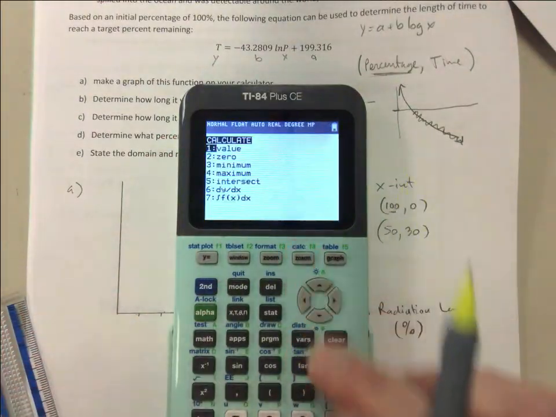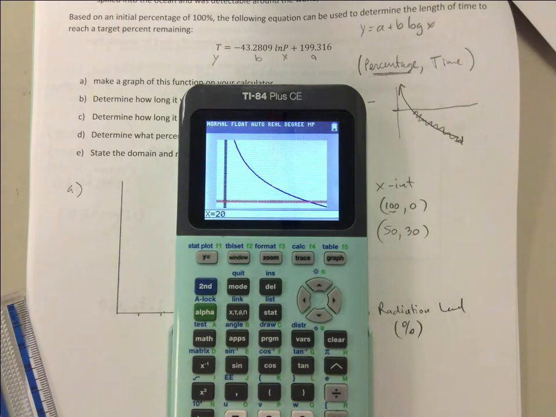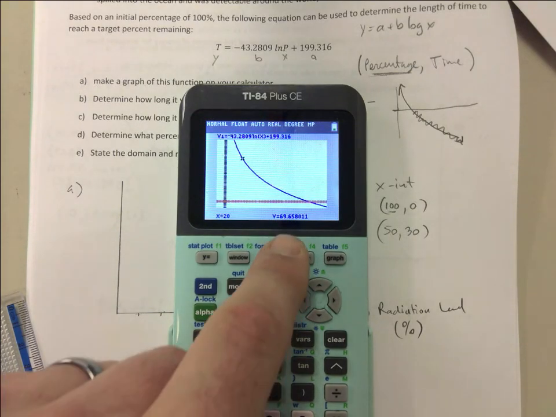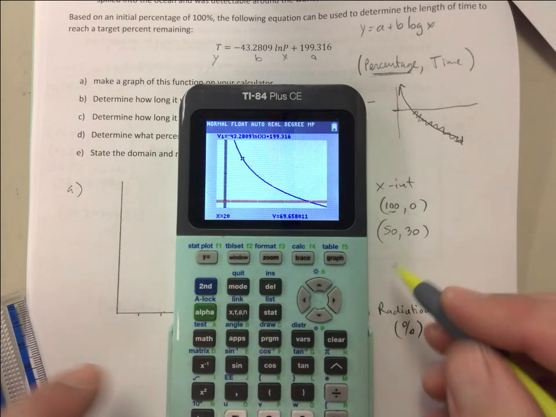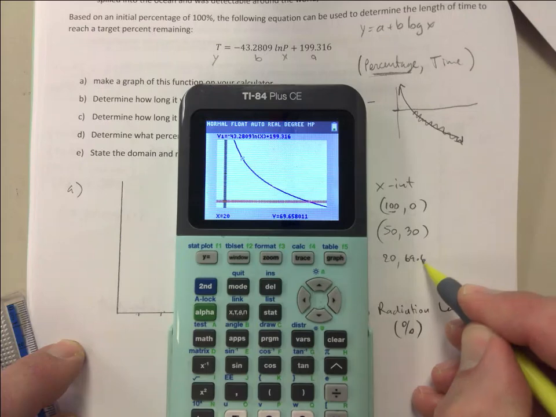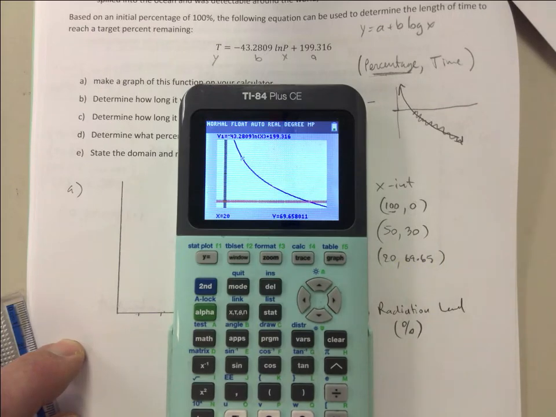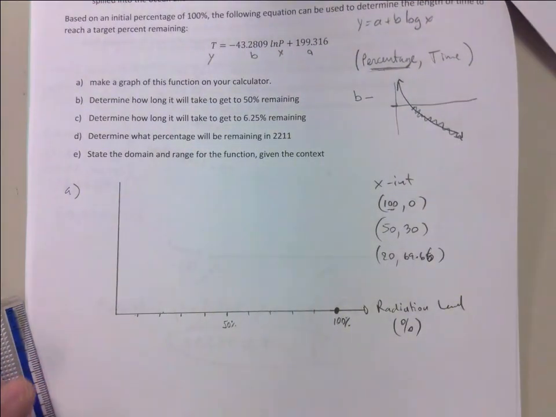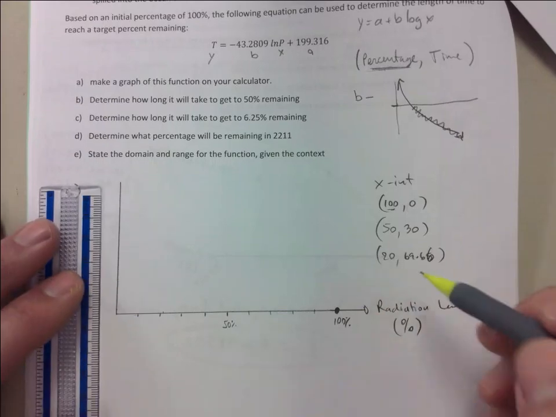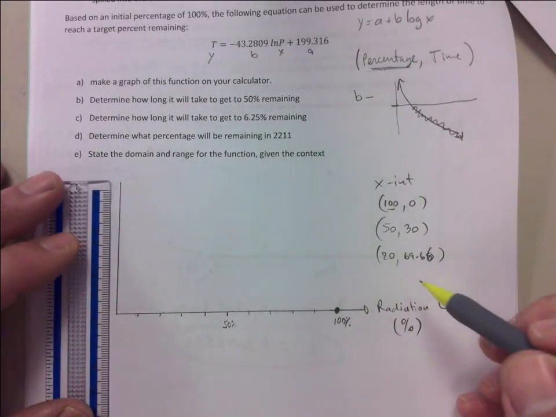I'm going to go second trace value 20 maybe. I'm at 69.66. And that's good enough, okay? So 50, 30, 20, 69, or 70, right?